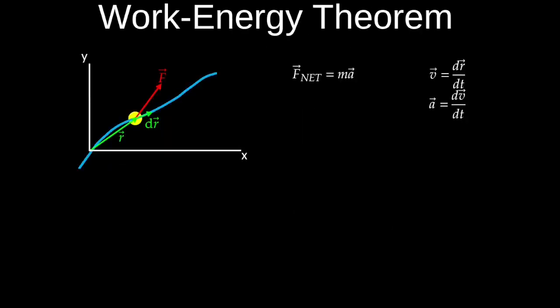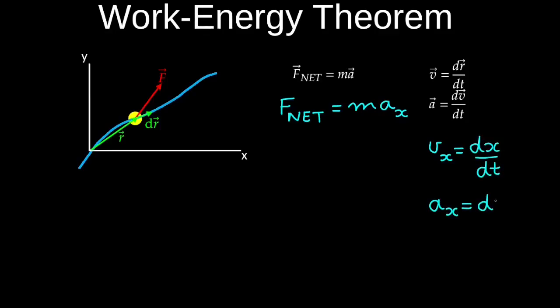Consider Newton's second law and the velocity and acceleration vectors in multiple dimensions. Well, the one-dimensional analogues of these equations are as follows. And now we can eliminate dt between these equations.